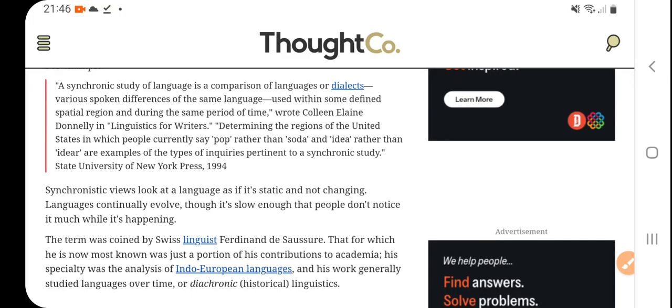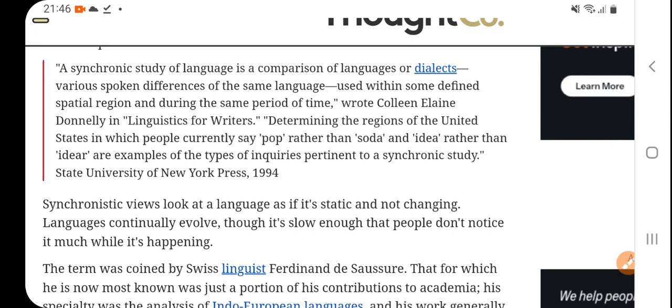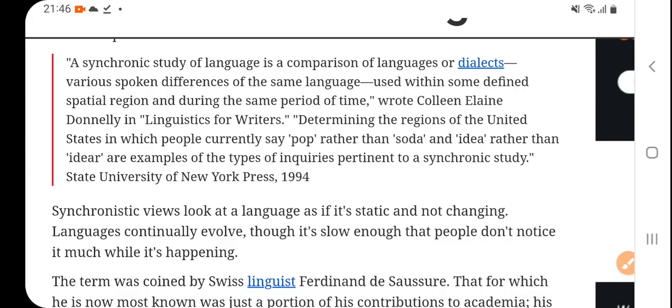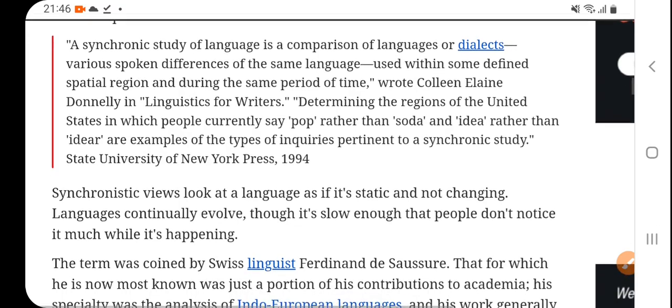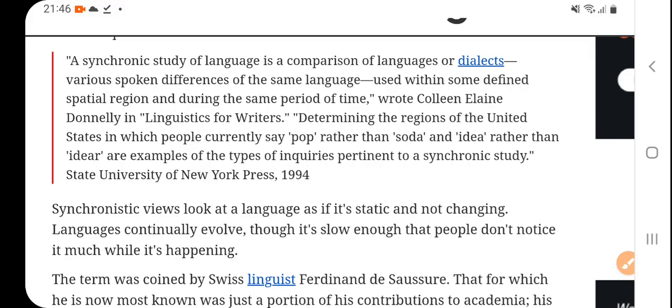A synchronic study of language is a comparison of languages or dialects, various spoken differences of the same language, used within some defined special region and during the same period of time, wrote Colleen Elaine Donnelly in Linguistics for Writers.